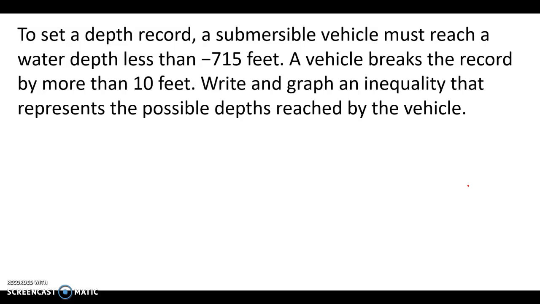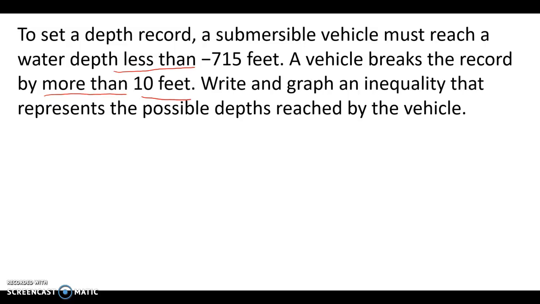To set a depth record, a submersible vehicle must reach a water depth less than negative 715 feet. A vehicle breaks the record by more than 10 feet. Write and graph an inequality that represents the possible depths reached by the vehicle.